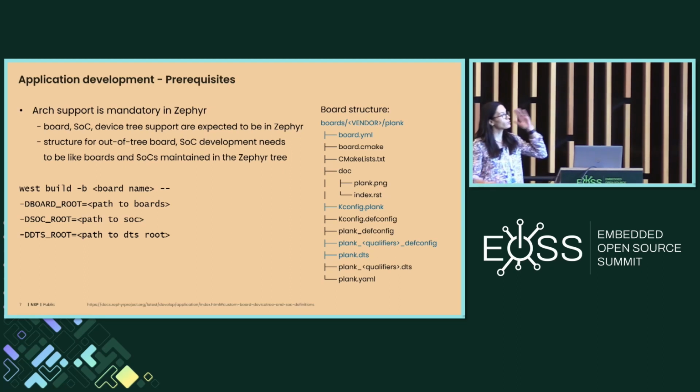So on the right side, we have a board structure. There are multiple files that can be found there, but only the blue ones are important. So in the board YML, we add the name of the board, the SOCs and variants of that board.